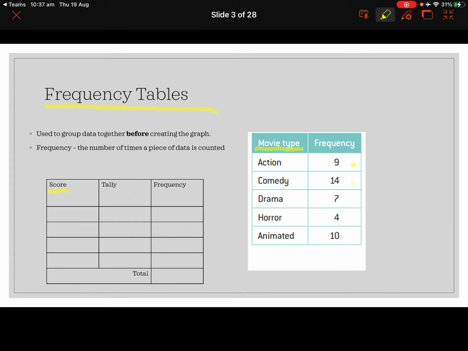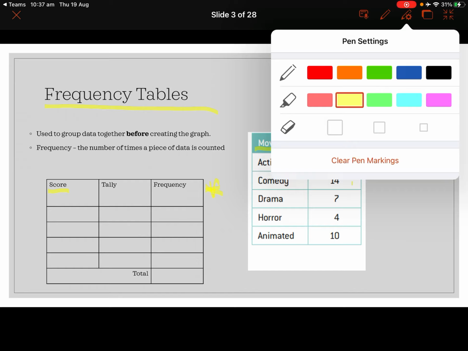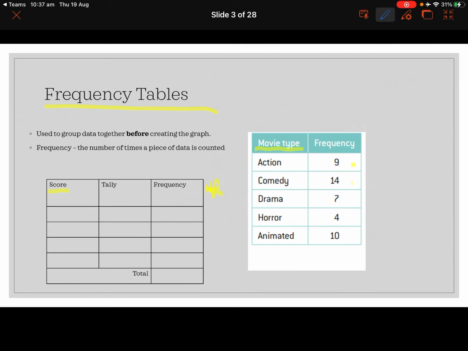If you ever need to make one from scratch, I would do it like this one over on your left. Especially having a tally, I find that really helpful, because if you have a heap of data, it's really easy to be doing little strokes like this, tally, okay? So that when you add them up, it's very easy to say, oh, that's 5. There were 5 people that had red hair.